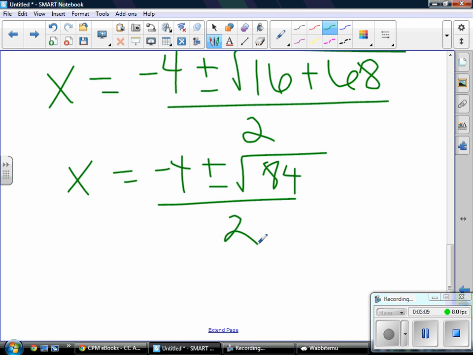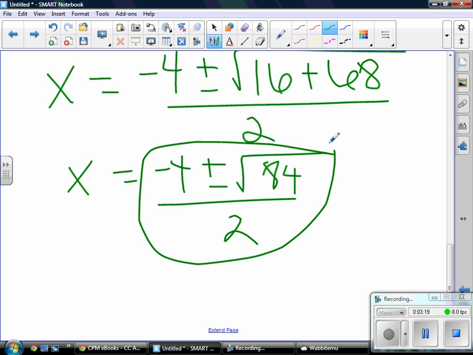Now we want to simplify this a little bit. If you were asked to graph this, it might be helpful to change this into a decimal format so you know how to graph it, because I have no idea what this number really represents without plugging in my calculator. But it's not asking us to graph, so we can just keep it like this and simplify it as much as possible.